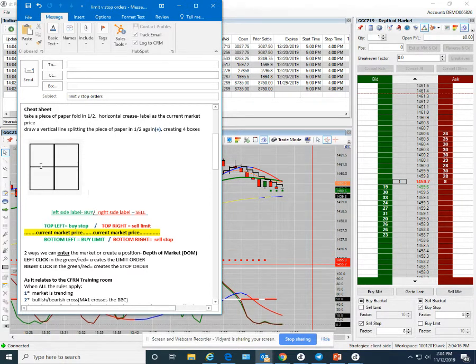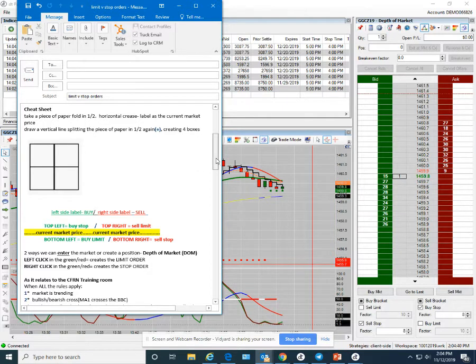And then on the sell side, the top box, because we're trying to sell it at or above the current market price, label that box sell limit. And the box below the current market price on the sell side, label that sell stop. So you're going to be selling it below the current market price.